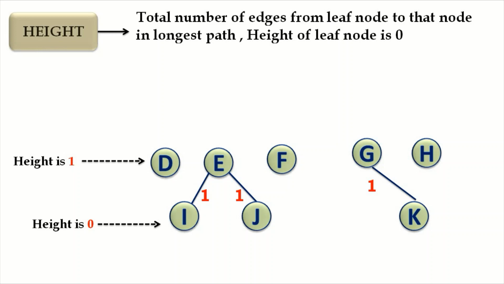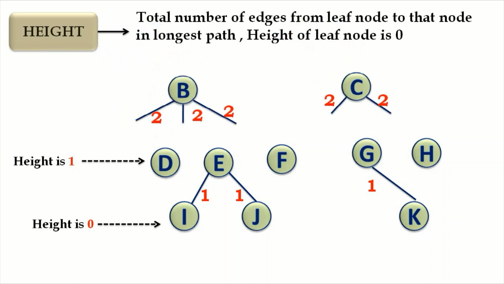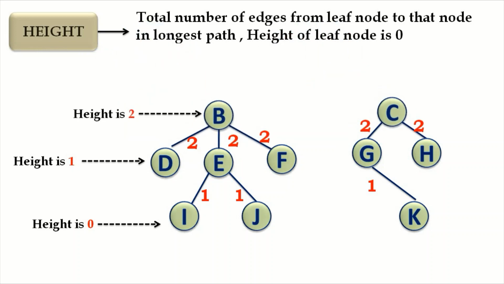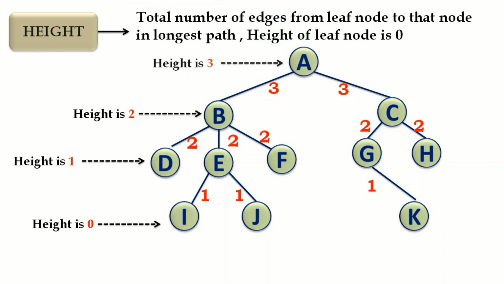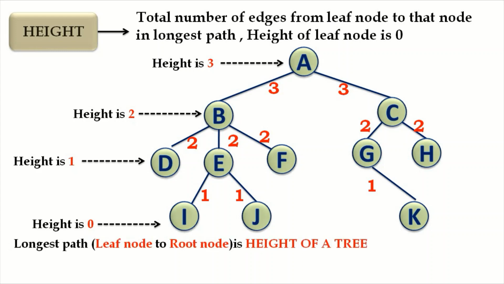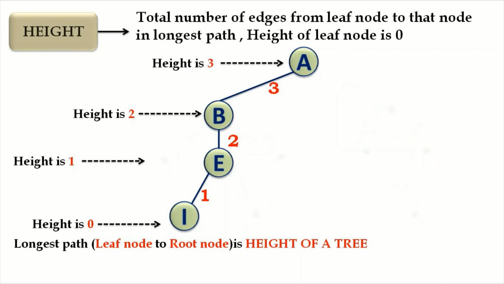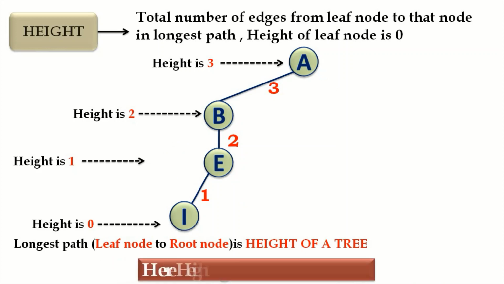And these nodes are further connected to their parents and the height of these nodes is 2. And these nodes are further connected to the root node and the height of the root node is 3. The longest path from a leaf node to the root node is the height of a tree. So we need to identify the longest path from leaf nodes I, J or K to the root node A, which gives the height of the tree. So here the height of the tree is 3.